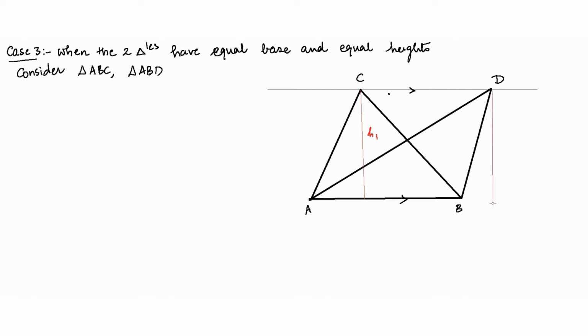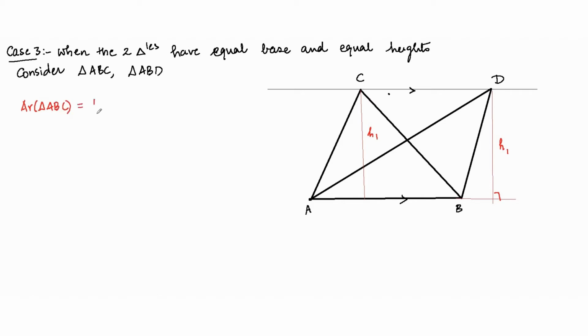And we know that because ABD is obtuse angled at B, I can definitely draw the altitude outside the triangle, right? So if the height of triangle ABC is H1, then the height outside is also going to be H1, because it is the distance between the same two parallel lines. So what is the area of triangle ABC?